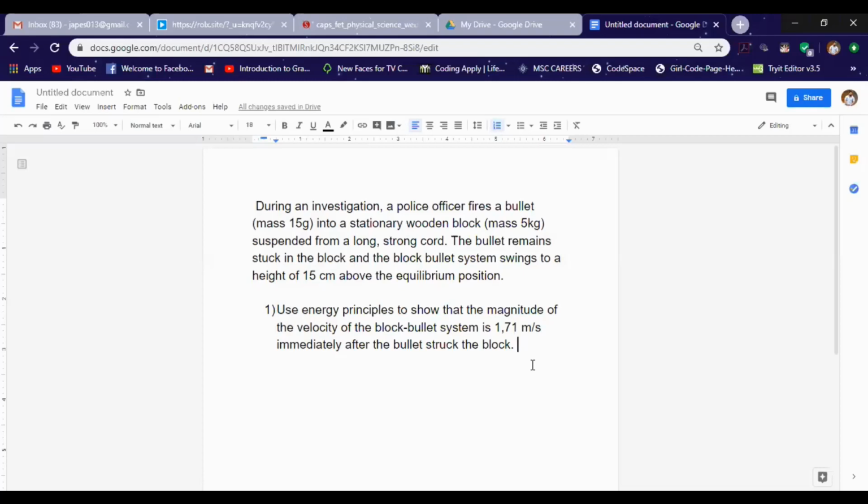One, I would like you to use energy principles to show that the magnitude of the velocity of the block-bullet system is 1,71 meters per second immediately after the bullet has struck the block.